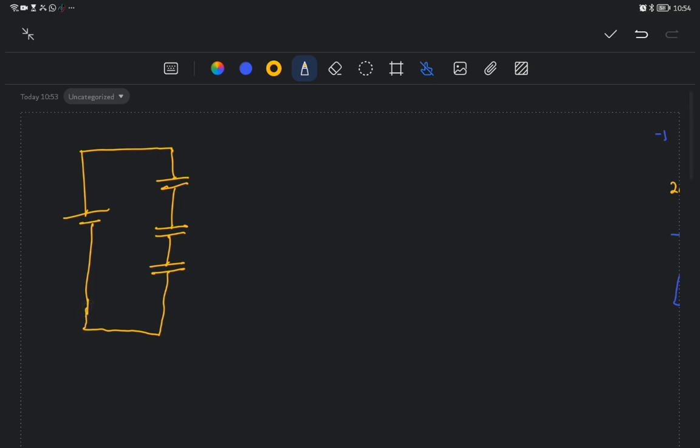Then I say this is C1, C2, C3, and I tell you that this one is 3 microfarads, and this is 4 microfarads, and this is 2 microfarads, right? And I say the supply voltage is 50 volts, right? Now what's gonna happen? Let's check.